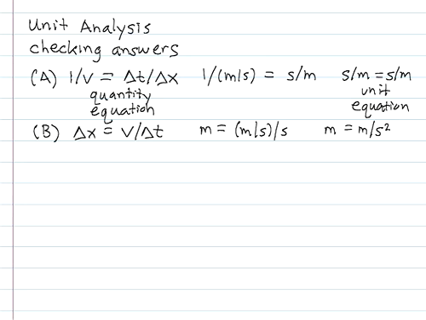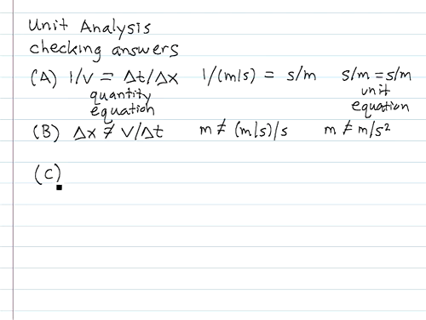So you can see that that is not true. That is not a true unit equation. Meters are not equal to meters per second squared. So if I work backwards, since it's incorrect, I can say that equation B is incorrect. Again, notice that we can't tell whether an equation is correct or not. We can only tell whether it's incorrect.